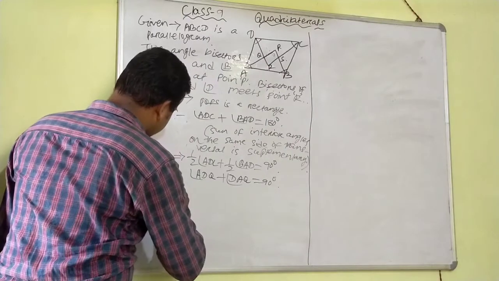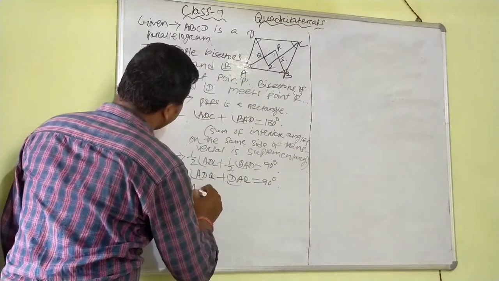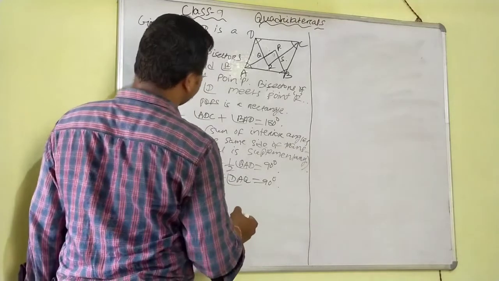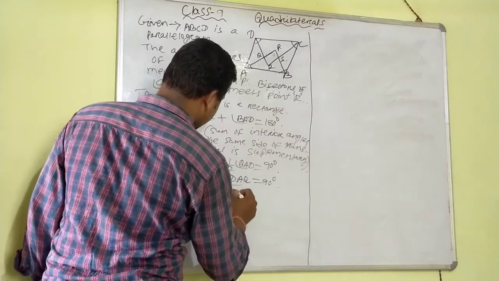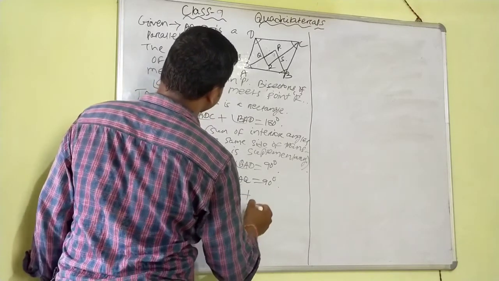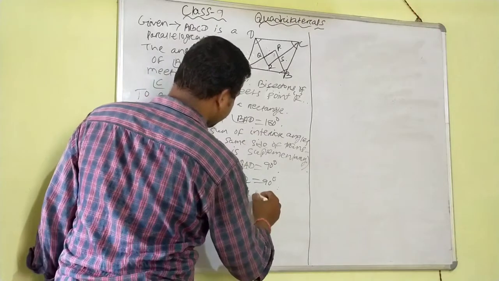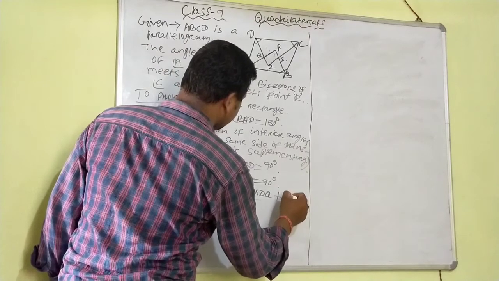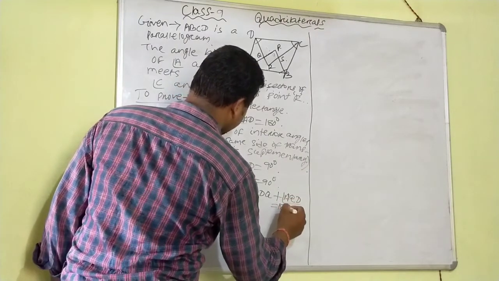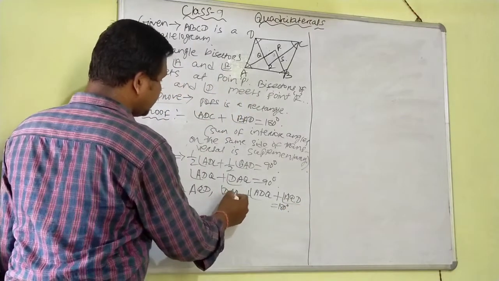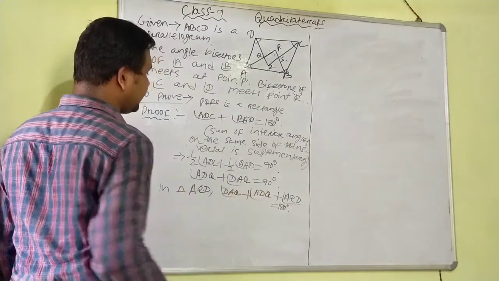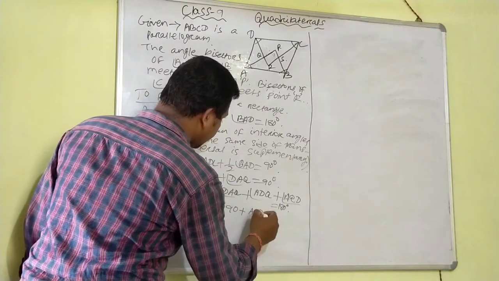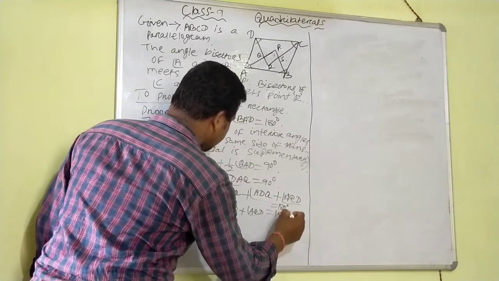We will apply in triangle AQD: the sum of angles DAQ plus ADQ plus AQD equals 180 degrees. Already we got ADQ and DAQ as 90 degrees, so we put 90 plus angle AQD equals 180.